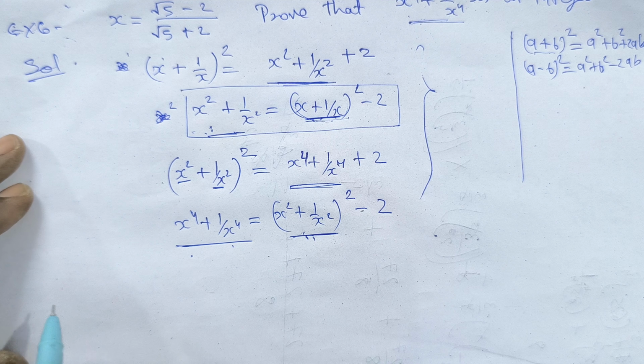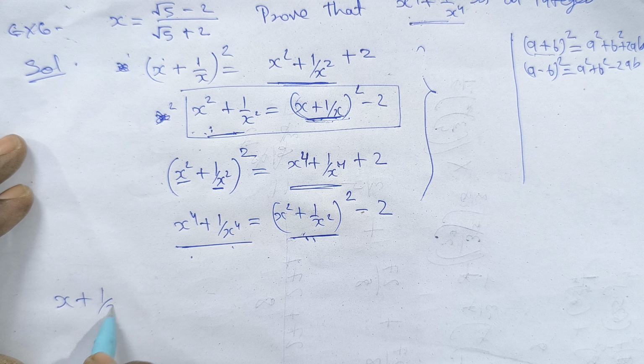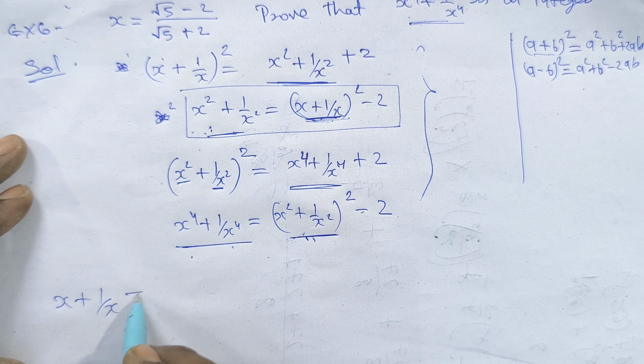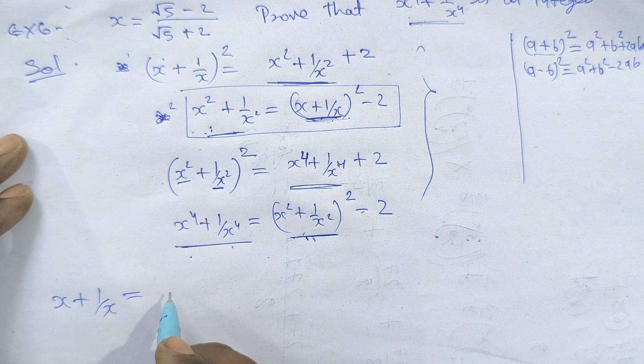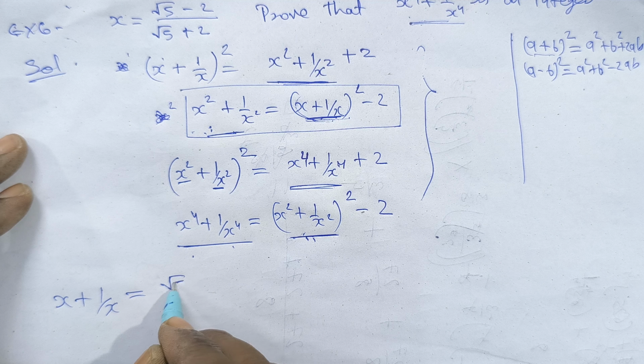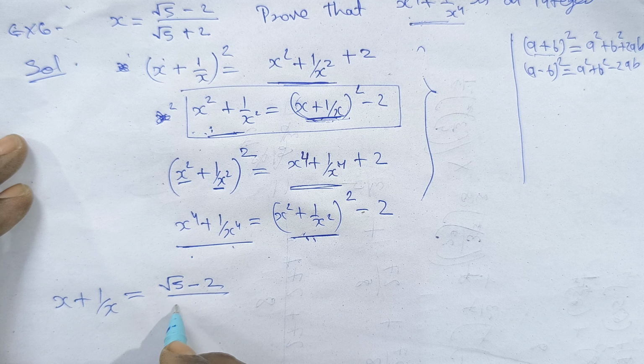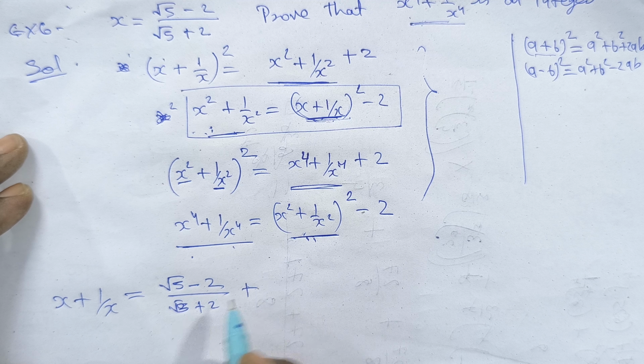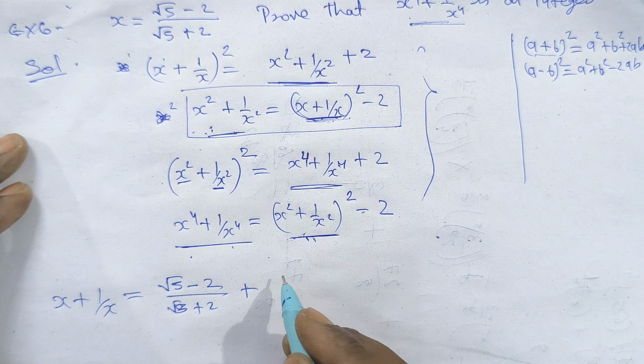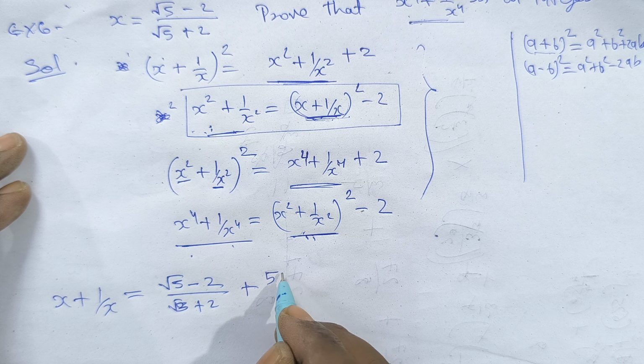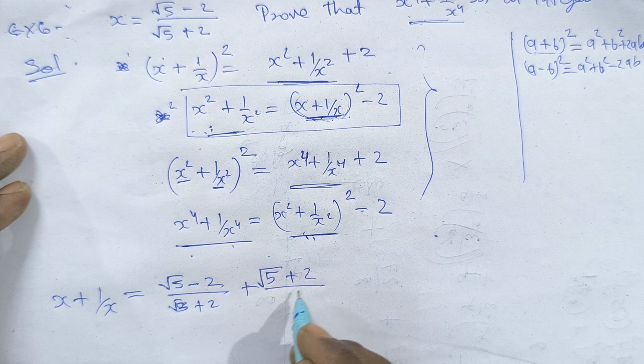Understood? So first we need x plus 1 upon x. Equal to, we have x, root 5 minus 2, upon root 5 plus 2, plus 1 upon x will be the reverse, right? So it will be root 5 plus 2 upon root 5 minus 2.